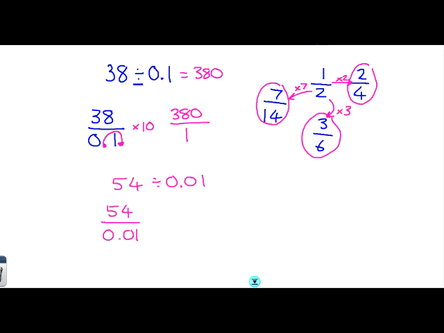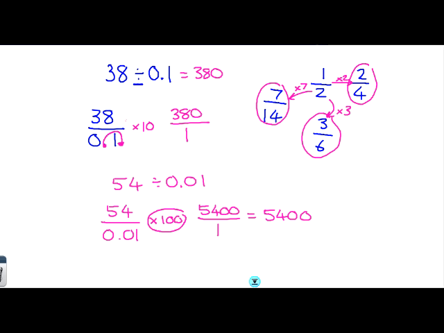Here there's actually 2, so timesing by 10 will only move it to here and be just as complicated as the first one. So if we times it by 100 this time, we'll get 5,400 over 1, which therefore means it equals 5,400.